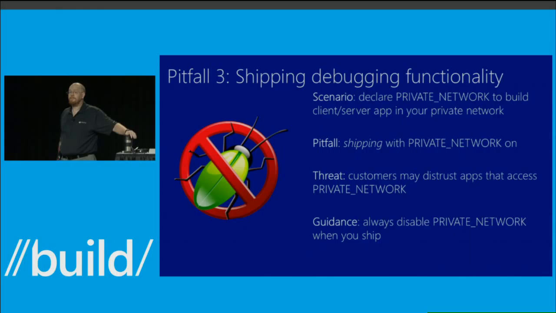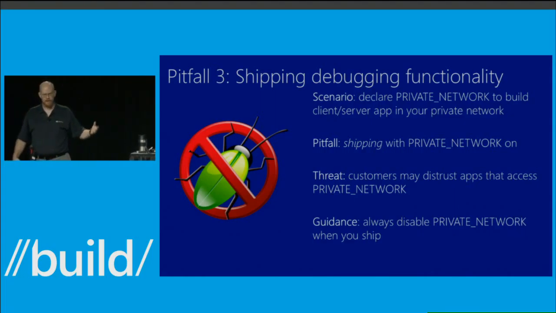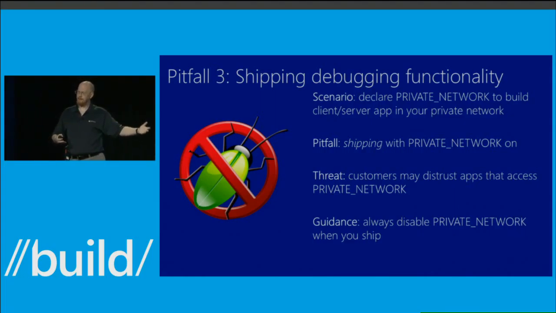Pitfall 3, shipping with debugging capabilities on. So there you are developing your app in your test environment, and naturally your test server is on the same network as your workstation, and you quickly discover that you need the private network capability to be able to connect to your test server. And then you put your test server in production, and you ship your app, and oops, you left the private network capability on.